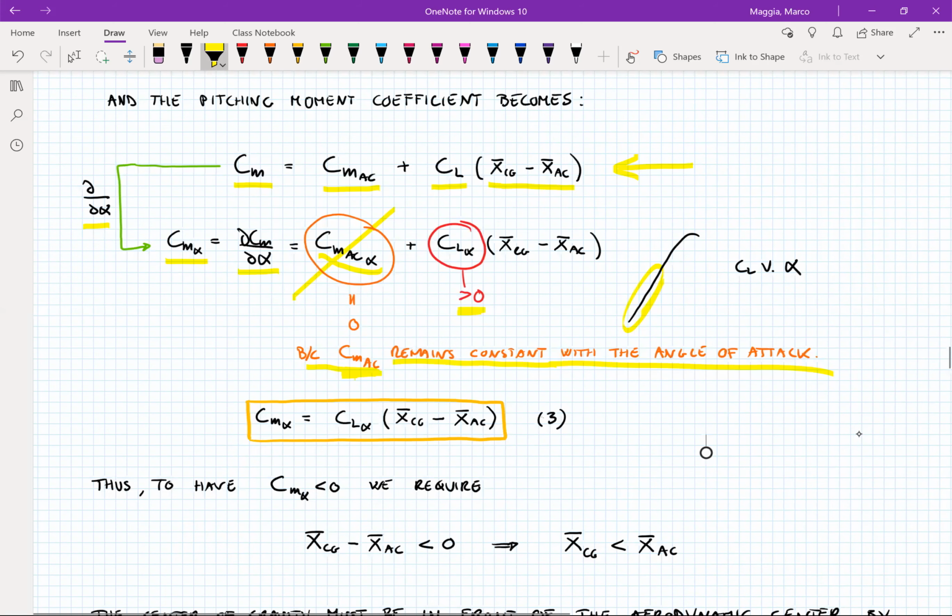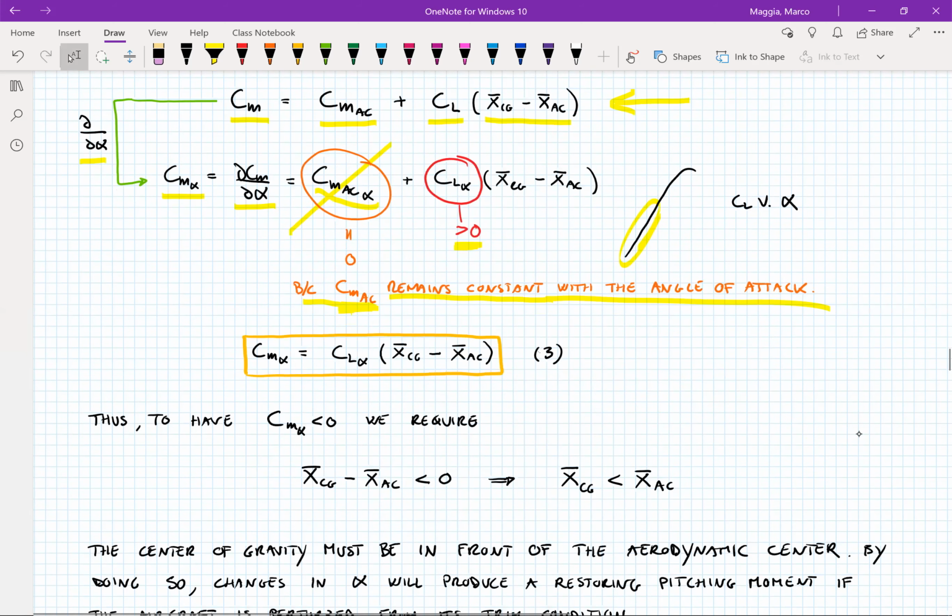Therefore, we have a very nice expression for Cm alpha. And Cm alpha is Cl alpha times the difference between the position of the center of gravity and the aerodynamic center. Now, if we want stability, Cm alpha has to be negative, but Cl alpha is positive.